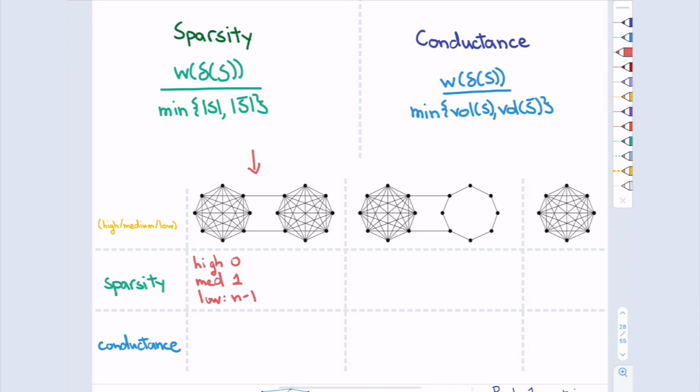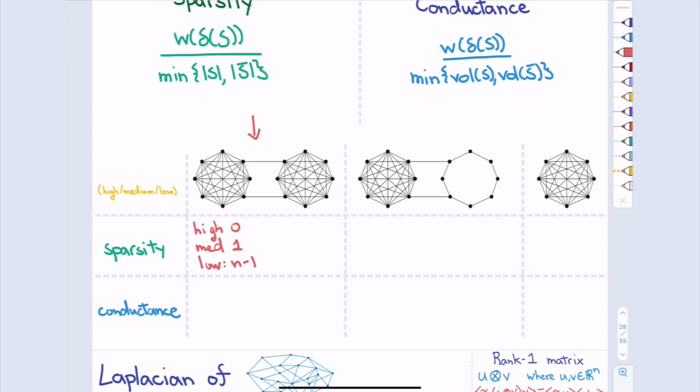And -1. And what about conductance? Would anyone change their answer? Who feels like it has high conductance? 1. Who feels like it has medium conductance? And who feels like it has low conductance? And -2.